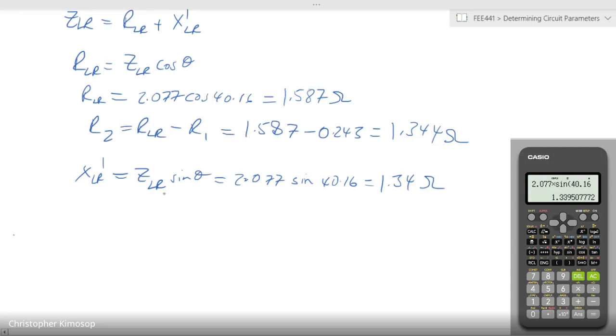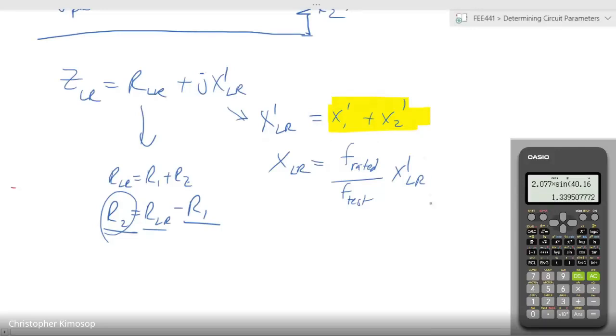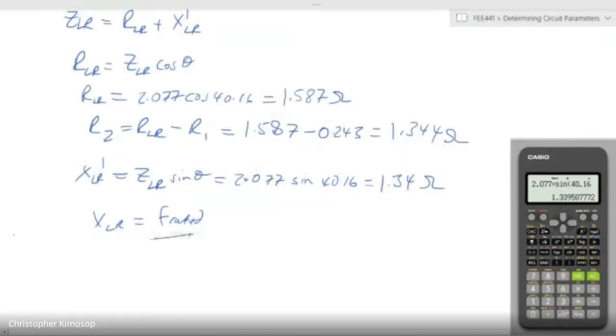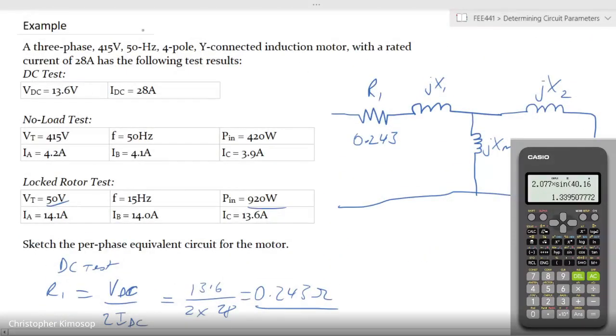Okay. Now remember, this is XLR prime. So we want to get XLR without the impacts of the prime, which we had said is gotten from, again, that formula, the rated over the test times XLR prime. So rated is 50. Is it rated is 50? Test is 15.